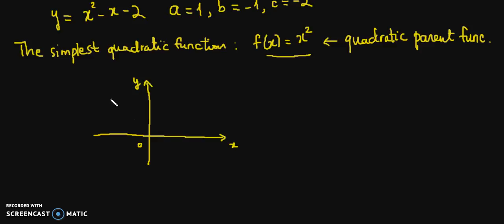The graph of the function is actually a parabola. So the graph of a quadratic function, first of all, has a U shape, and the term for it is a parabola.